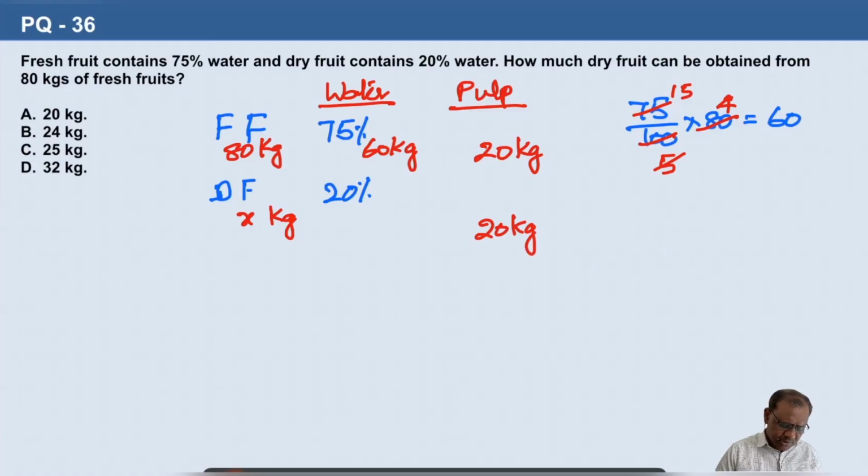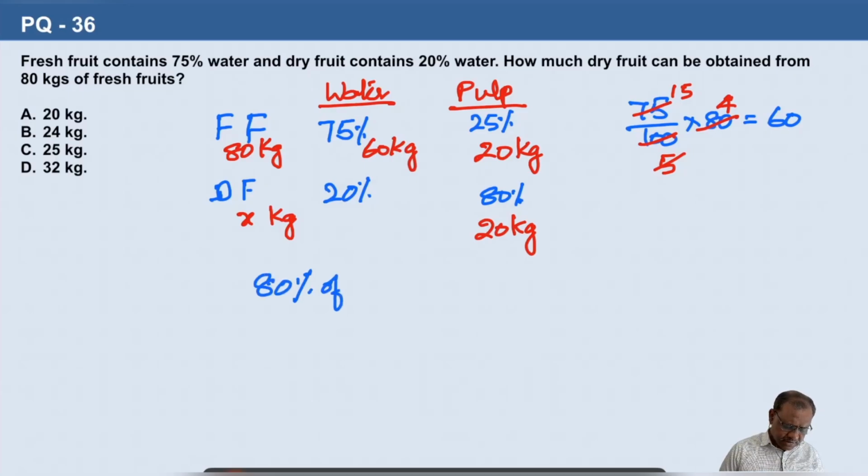So in dry fruit 20% water is there and remaining 80% is pulp. So here also this is 75% and this is 25%. So 80% is pulp out of the total quantity of the dry fruit x kg. So what is x? We will find out.